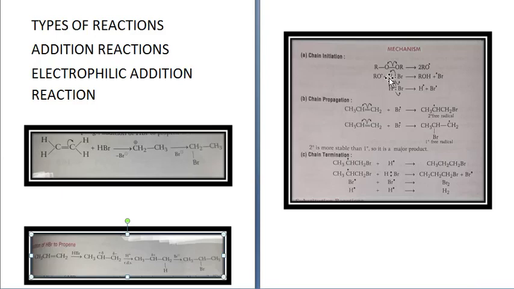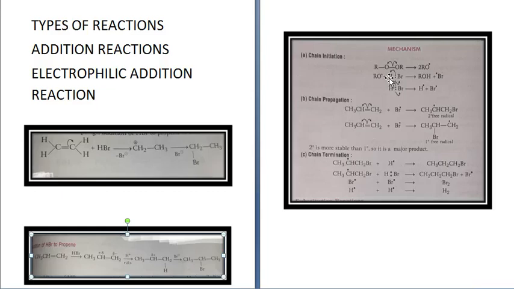Then RO free radical will react with HBr. It will give you ROH plus Br free radical. And HBr will split into H free radical and Br free radical.